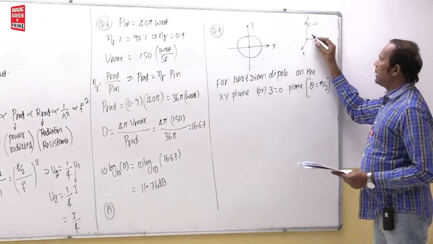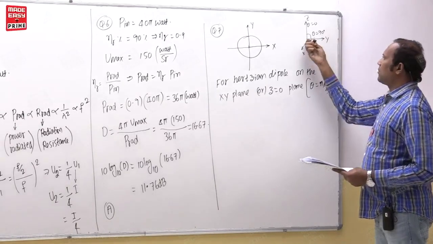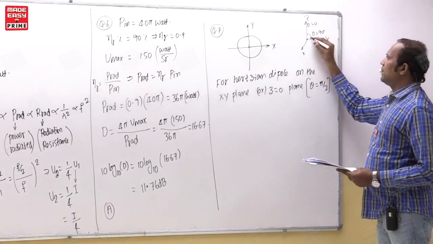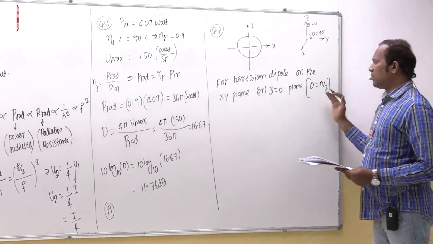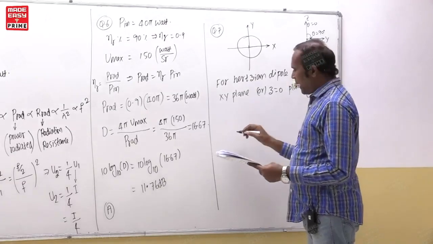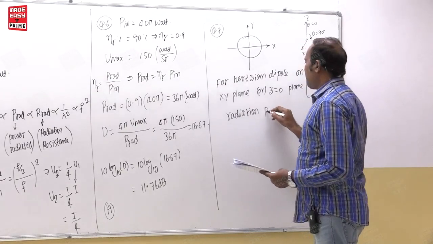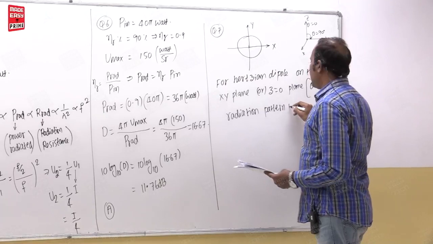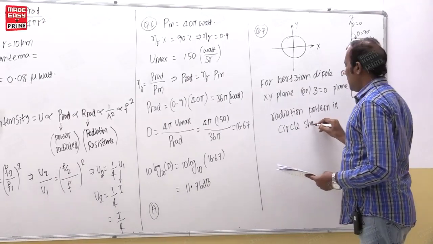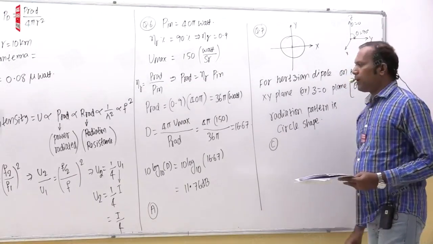Theta is equal to 0 here, and theta is equal to 90 for the XY plane. So the radiation pattern, pattern meaning shape, is circle shape on that plane. So that is the answer, option C.